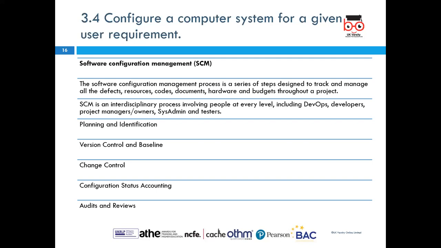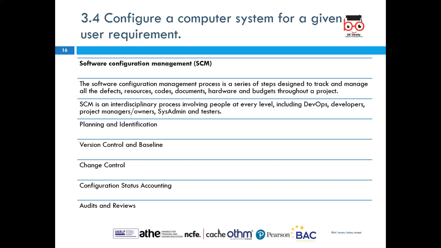It is an interdisciplinary process which involves people at every level, which could be DevOps engineers, project managers, owners, system administrators, and testers. So you look into a full system development life cycle where all the departments will be involved in the creation of the software.